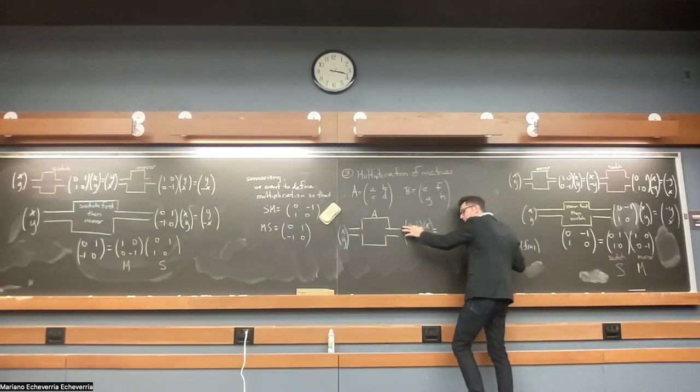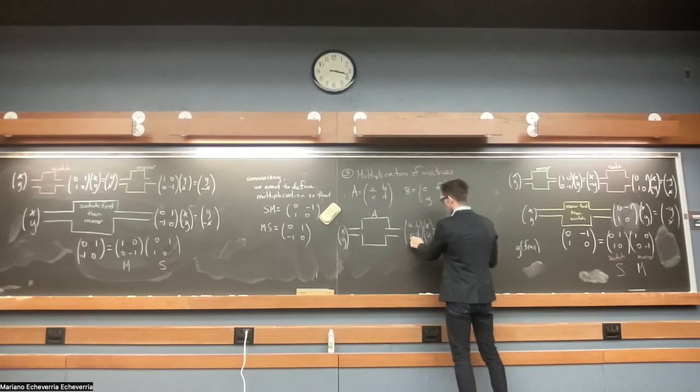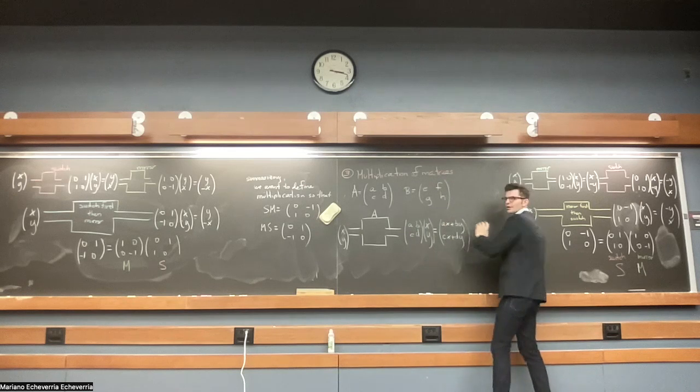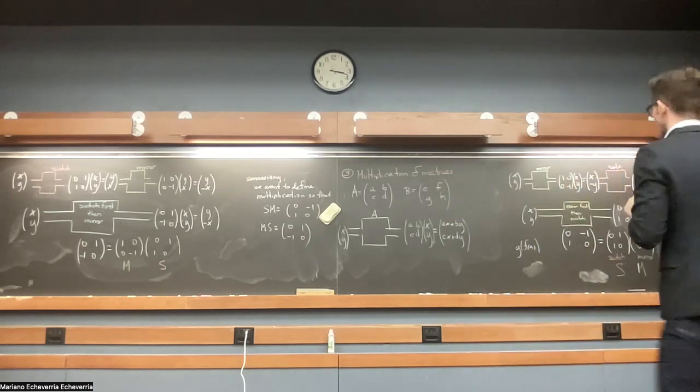It was the dot product between this row and this column vector. So that gives you AX plus BY. And then the dot product between this second row and the column vector, so CX plus DY. So these are the entries of the new vector that we get after we multiply by A.